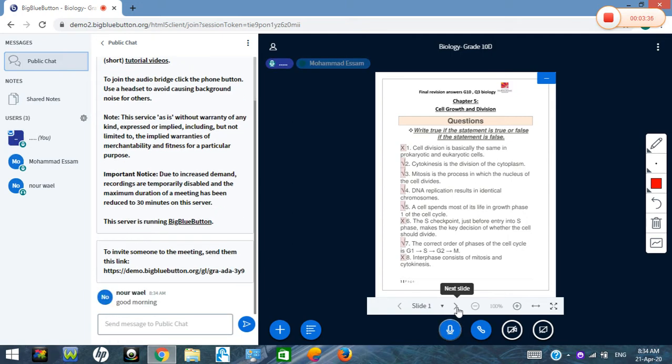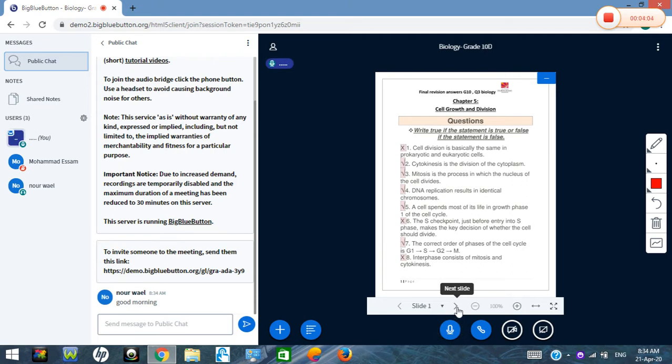G1, the first phase of interphase of the cell cycle. During G1, the cell increases in size and some organelles are made.